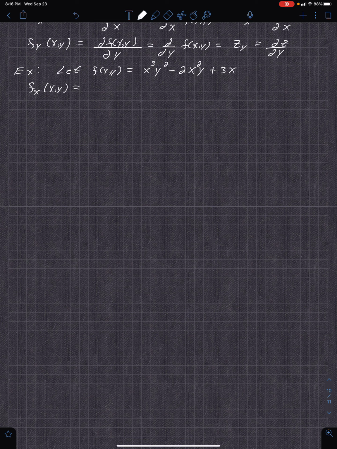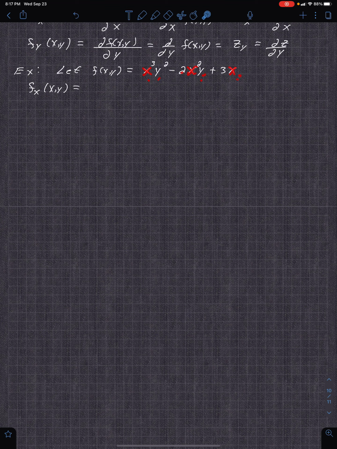Okay, so what you do when you do this derivative is you look at the original function. You see your x is here, here, and here. When you're going through this, you're going to treat y like a constant. y is just a constant. And then, of course, no y here. So when you go through it, it's just like this y is like a pi or e or 5.